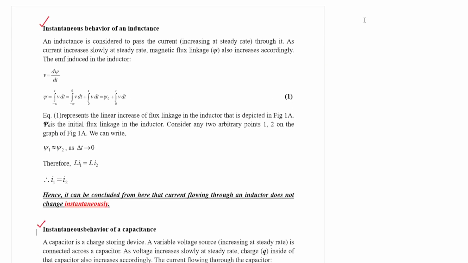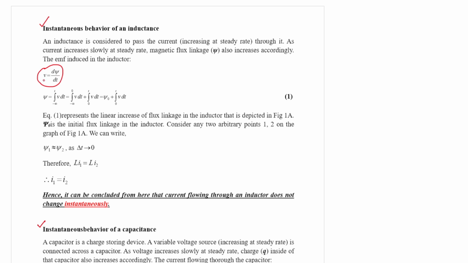Now, as you all know, according to Faraday's law of electromagnetic induction, V is equal to the rate of change of flux linkage. So from there we are discussing the behavior of an inductance.